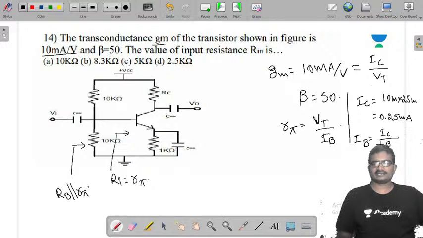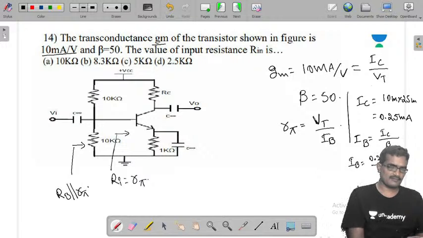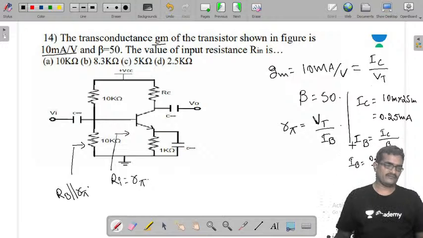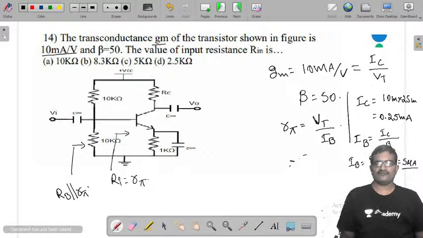So that IB is 0.25 milli by 50, so that is 5 microamperes. So R pi is VT 25 milli by 5 micro.